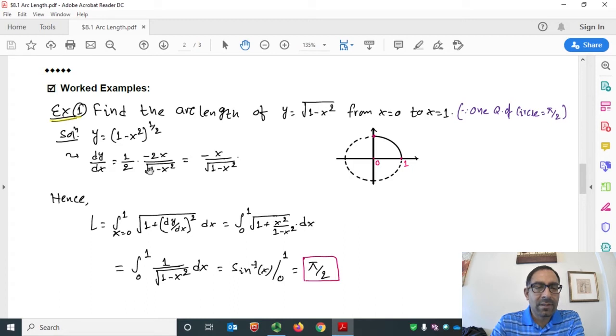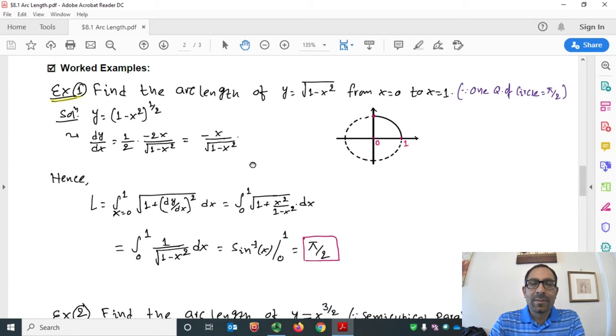I bring this power minus 1/2 into the denominator and put the radical, and by the chain rule take the derivative of the inside function, which is simply negative 2x here, and simplify. This turns out to be negative x over radical 1 minus x squared.